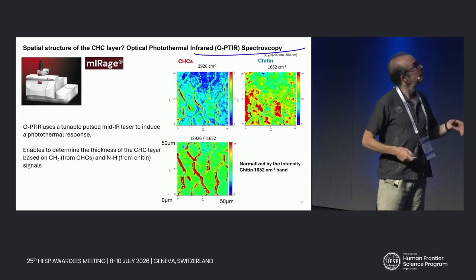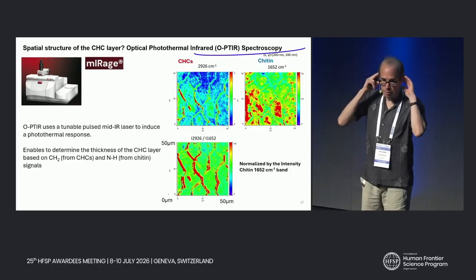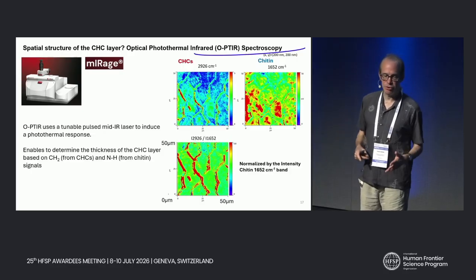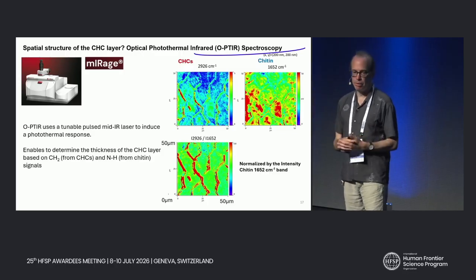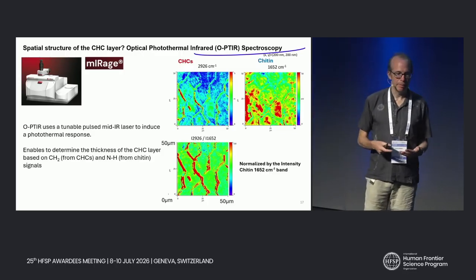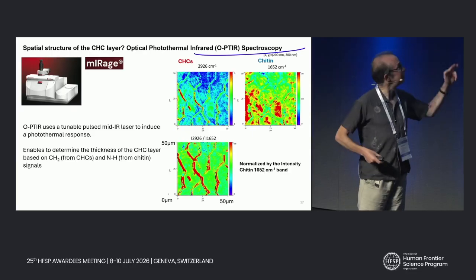And so what you see here to the upper left is the signal from the cuticular hydrocarbons, from the CH2, and upper right is from the chitin, which is the NH bonds. And when you combine them, you see the lower picture, and you see the resolution.